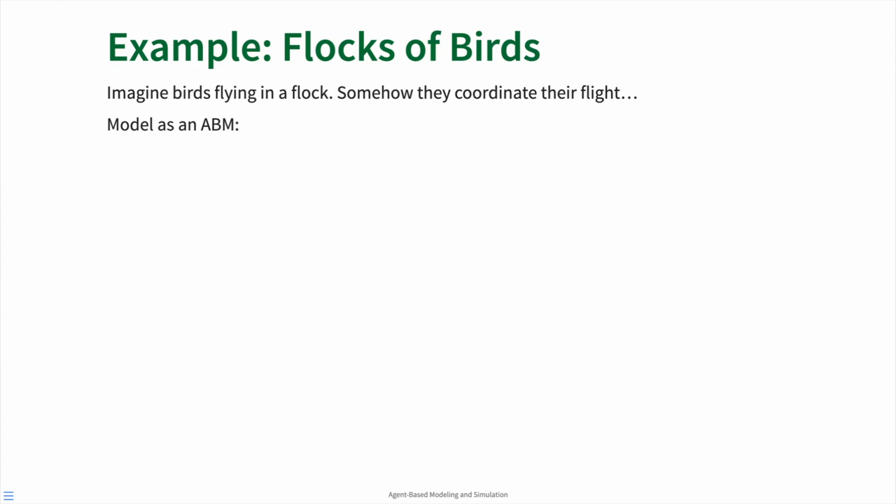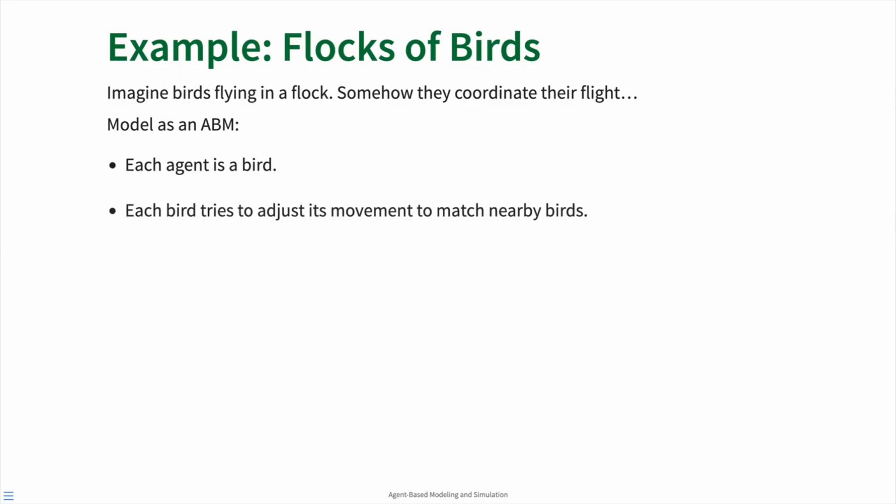Well, we can try modeling a flock of birds as an agent-based model, and we'll say that each agent in this model is a bird, and each of these birds can move around in space. In the example we'll look at here, we're just going to move around in two-dimensional space, in the x-axis direction and in the y-axis direction.